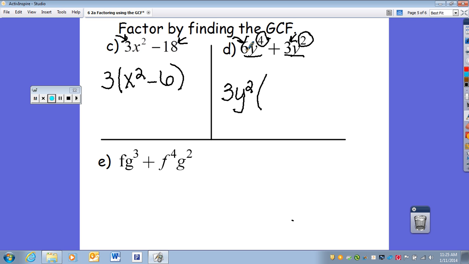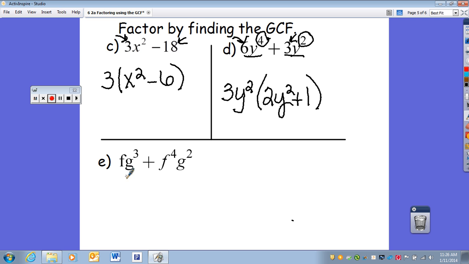Now we divide. 6 divided by 3 is 2. Keep the base and subtract the exponents. I have 4 y's, and I'm going to take away 2 of them. I would have 2 left. 3 divided by 3 is positive 1, and y squared divided by y squared would be 1. So we have taken out the greatest common factor.